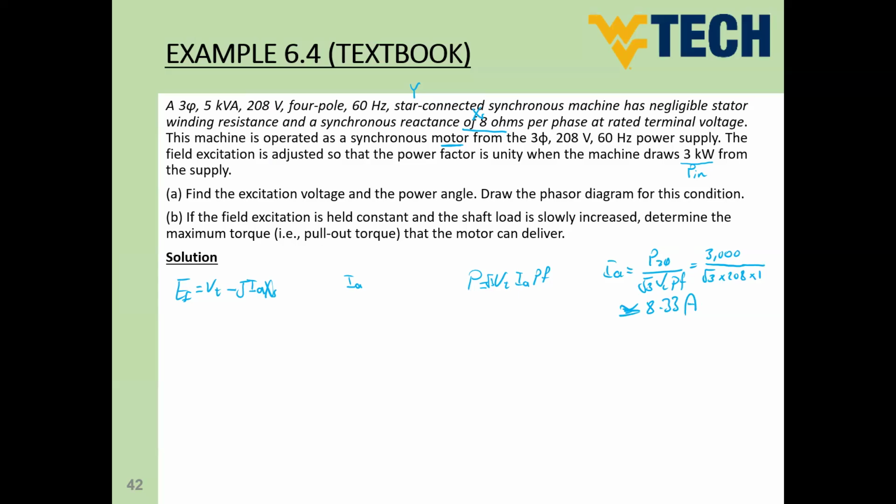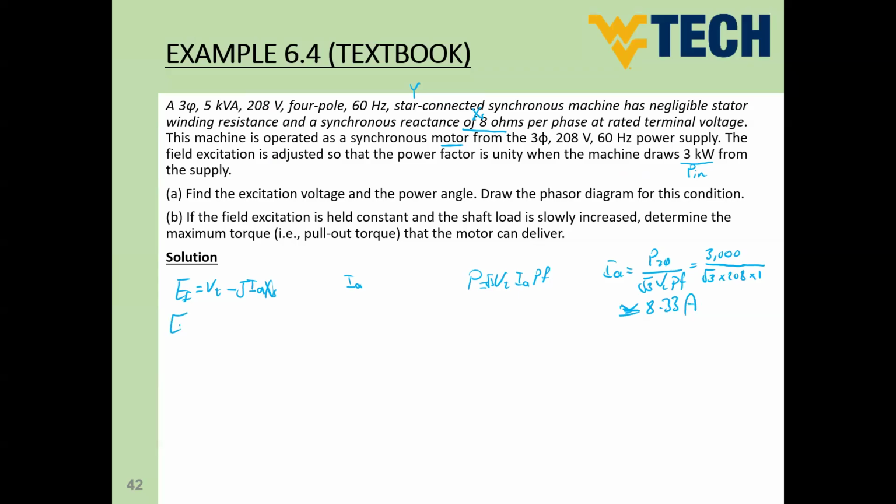What is the angle? The angle is 0 because it's unity power factor, and we assume all of the time the terminal voltage is at angle 0. So the phase shift between current and voltage equals 0. Now we can substitute in our relation to get the excitation here.